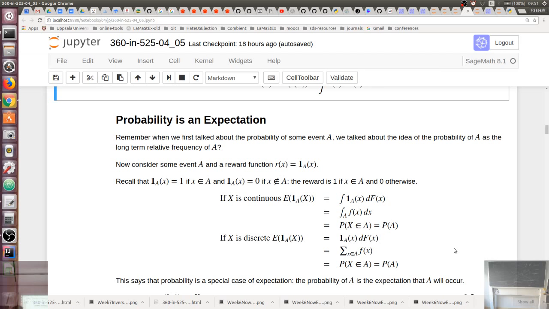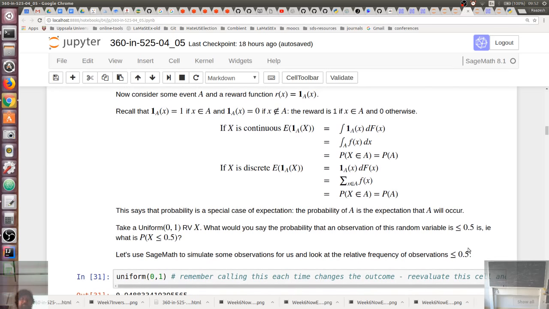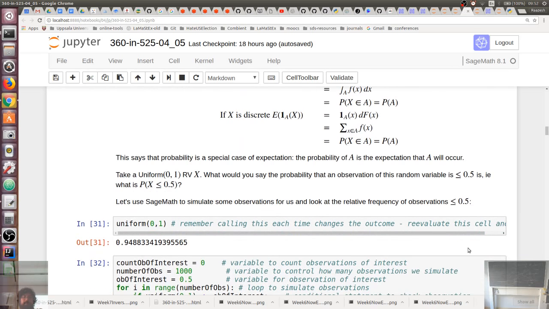Because if you take the indicator function of the event A, and that's your reward function, then if x is continuous, the expectation of the indicator function of A for the random variable is just integrating over A, which is the probability that x is in A, which is P of A. So probability is actually just the expectation of the indicator function of the event. It's probability we're talking about, right? Okay.